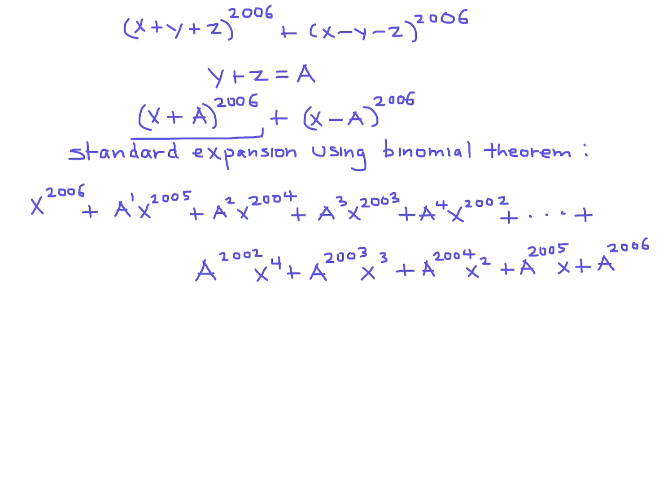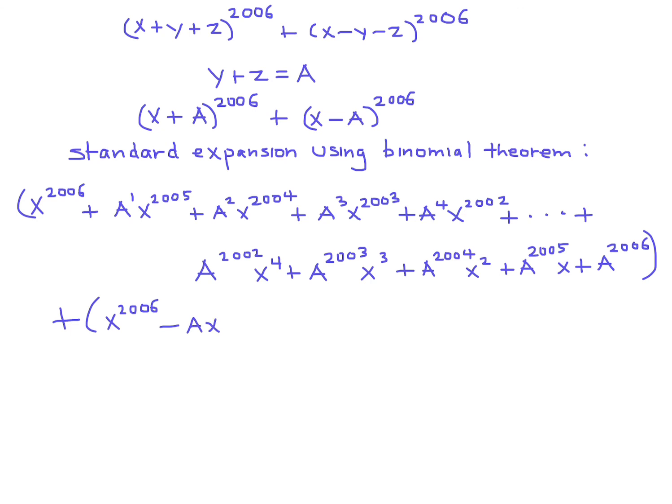All right, that's what I just expanded. I'll put that in brackets, and then I've got to add to it this one expanded. So we've got x to the 2006. Now it's not identical because we've got x minus a this time. The first one was x plus a, and this is x minus a, so it's slightly different.